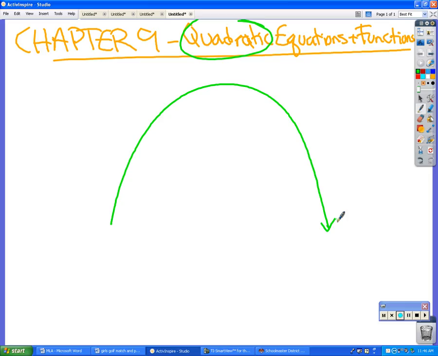The cool thing about this shape right here is that when you throw something through the air, it comes back down in this shape path like that. Even if it goes straight up, it still comes down a little bit curvy, and you still get a little bit of a parabola out of that, okay?